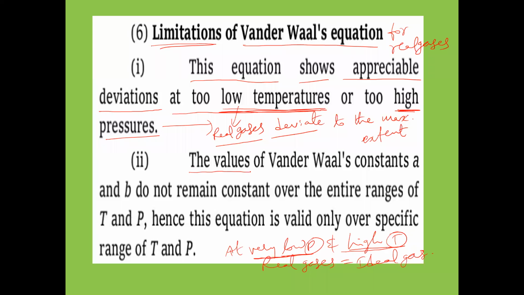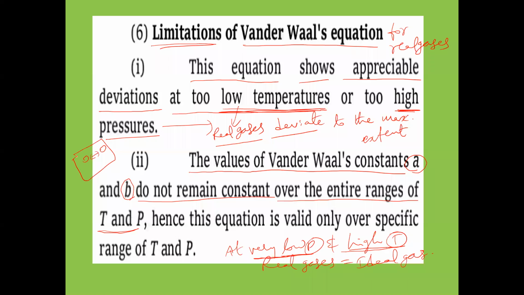After that, the values of Van der Waals constants, small a and small b, do not remain constant. They are not constant over the entire range of temperature and pressure. If you take a particular gas, between the gas molecules there will be an attractive force.